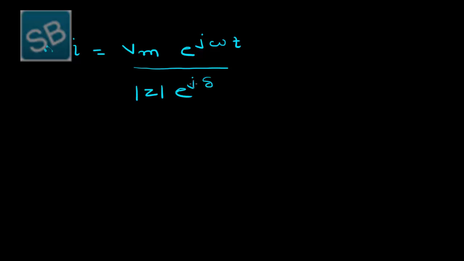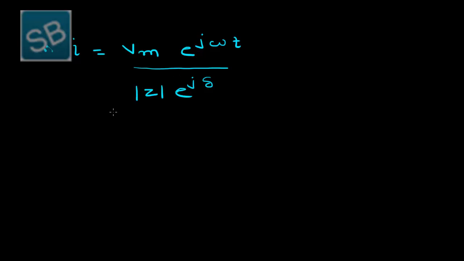Therefore, I equals Vm e raised to j omega t divided by mod Z e raised to j delta.